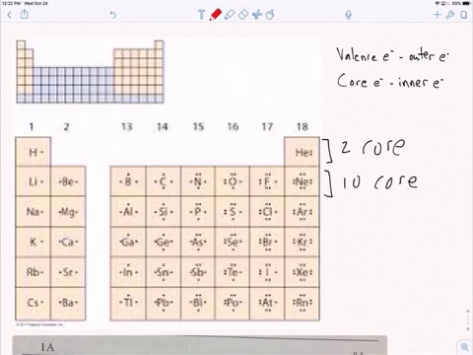Now lithium has 1 outer electron, but it has 2 core electrons. This is like a woman wearing a bikini wearing a trench coat. The coat covers up the bikini. You can't see the bikini. You can only see the trench coat, so it looks like the person is only wearing 1 item of clothing. But on the inside, there are 2 items of clothing.